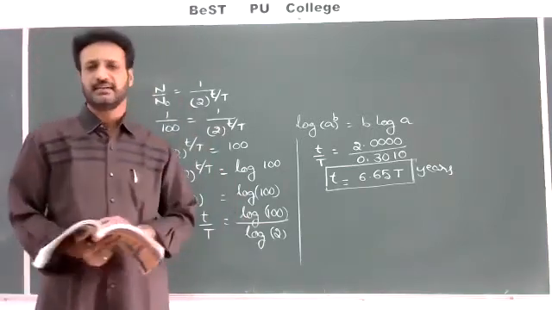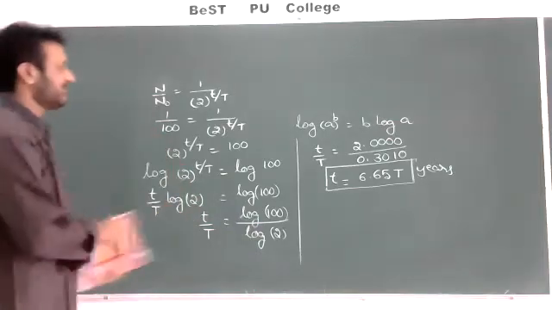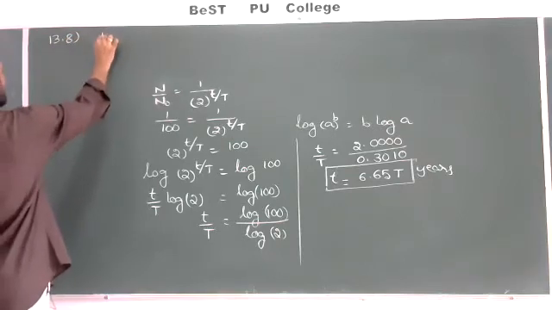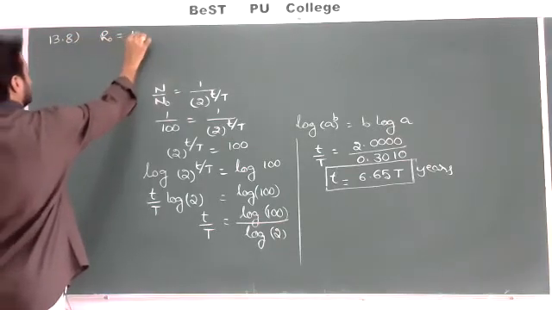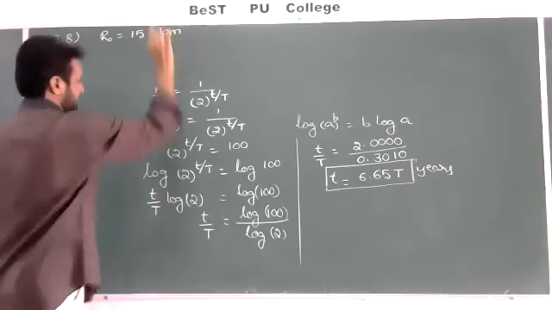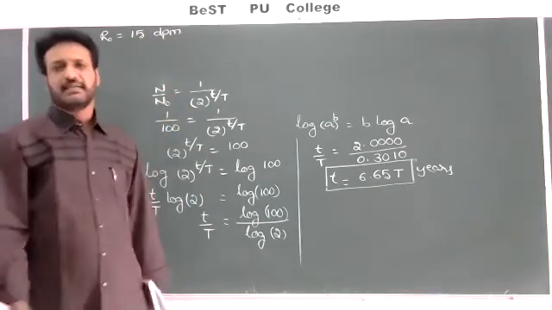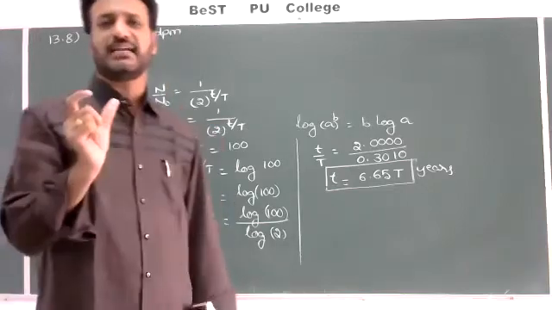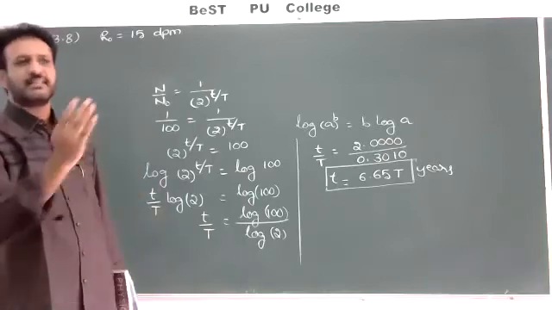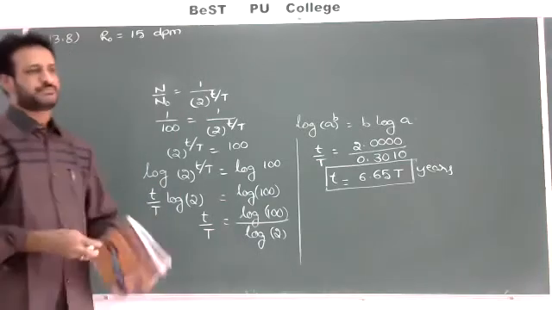In 1 minute it can emit 15 atoms. So the initial activity given in 13.8, I'll write with the symbol R naught, is equal to 15 disintegrations per minute. I'm writing a short form: DPM indicates disintegrations per minute. In 1 minute, 15 atoms will be emitted by every 1 gram of carbon.